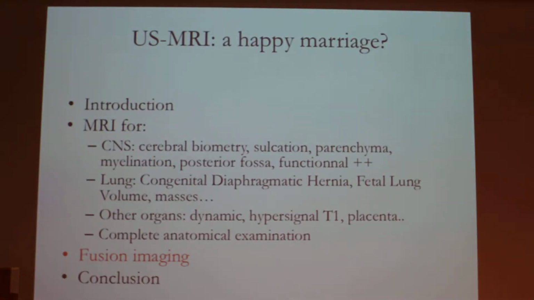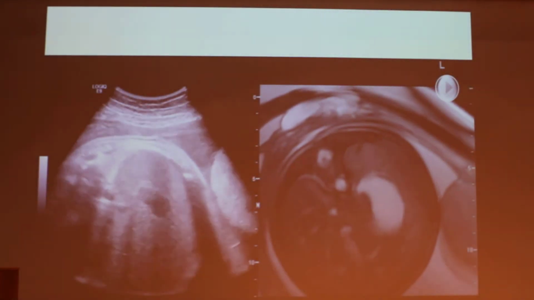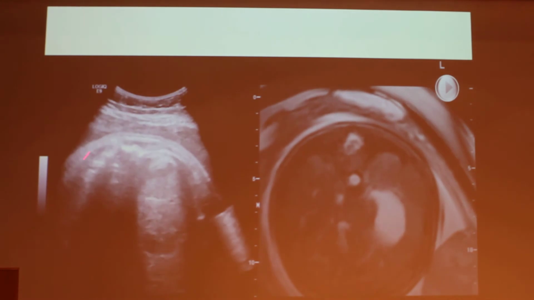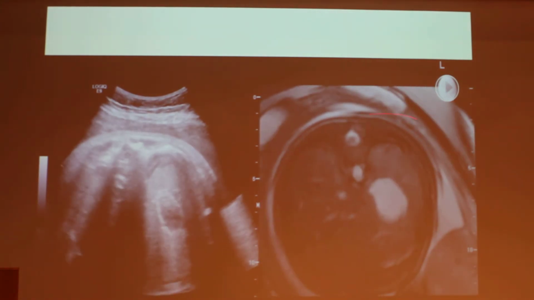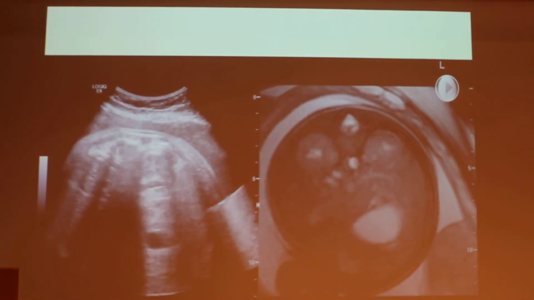Okay. So you have seen what are the advantages of ultrasound, what are the advantages of MRI, and the last field I would like to discuss with you is the field of fusion imaging. Fusion imaging allows you to have at the same time the ultrasound and the MRI on fused images.